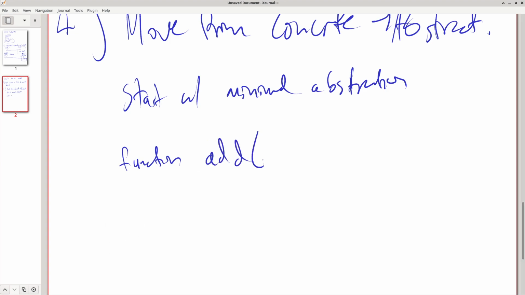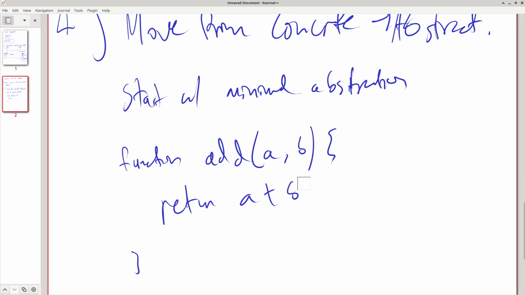Okay, so function add with A, B: return A plus B. You could say, oh, this is a clean interface on top of addition, right? It's a function now. But you've really done nothing except add a layer of indirection. This is a stupid example, but a lot of abstractions that you write, that other people write, tend to look something like this. It's not really adding simplicity. It's not really adding ease of use. It's just a more roundabout way of doing things. So you have to be careful that your abstractions actually do something.